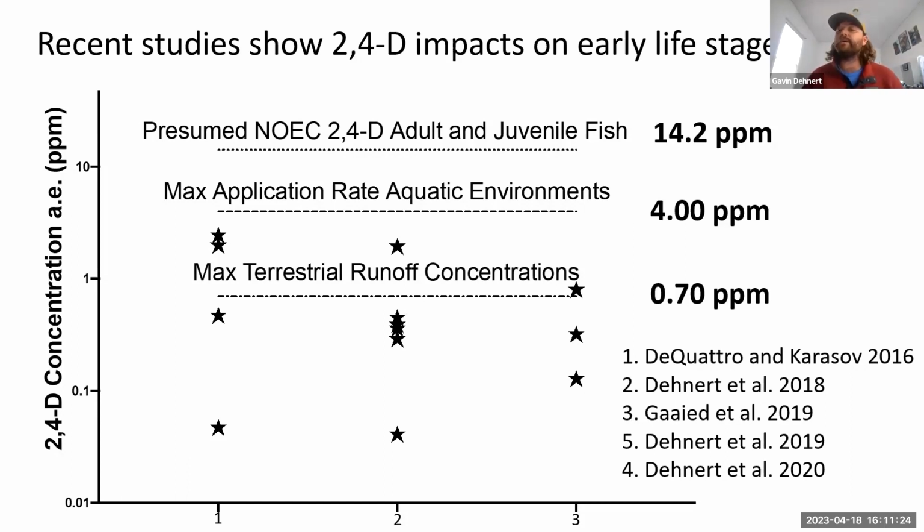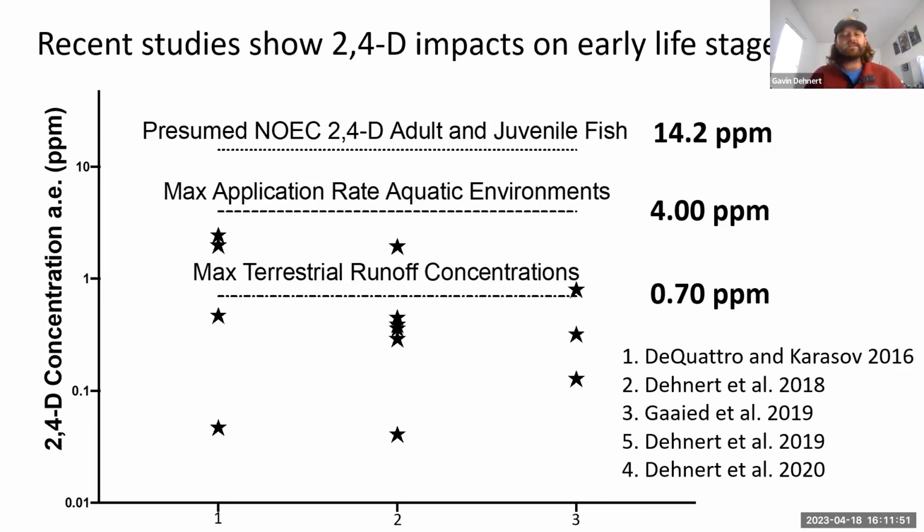Other labs had explored additional fish species, and we really were starting to see, regardless of which species we were looking at, these concentrations that we were applying to the lakes were showing some impacts to those early life stages of these fish, particularly that embryo and that larval stage.